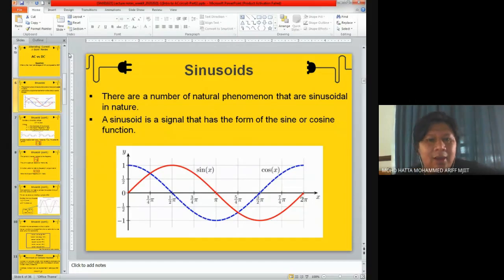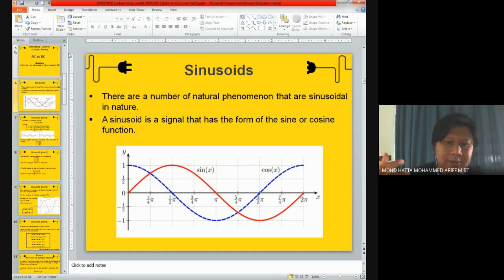There are a number of natural phenomena that are sinusoid in nature, of course oscillation, something like that. A sinusoid is a signal in the form of a sine or cosine function.